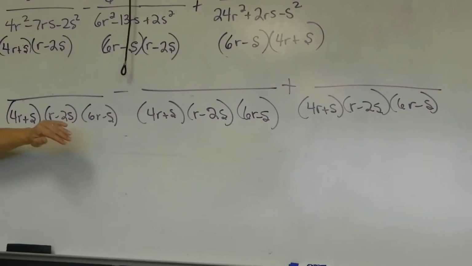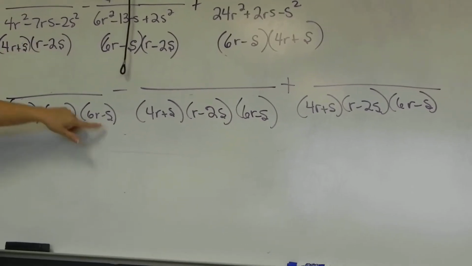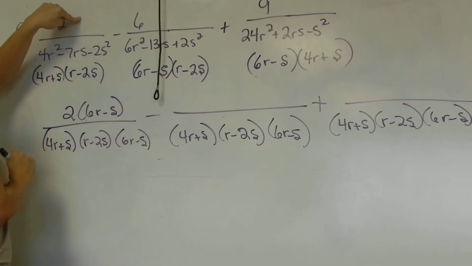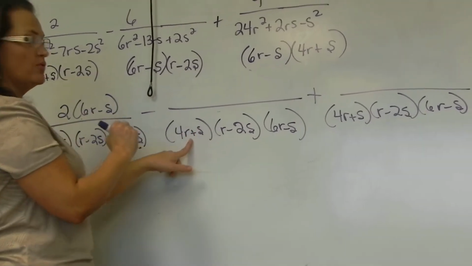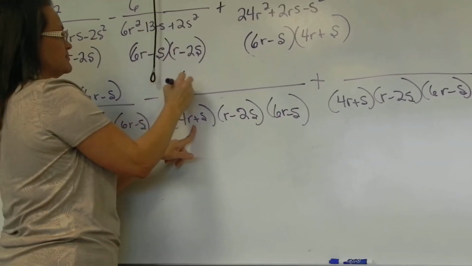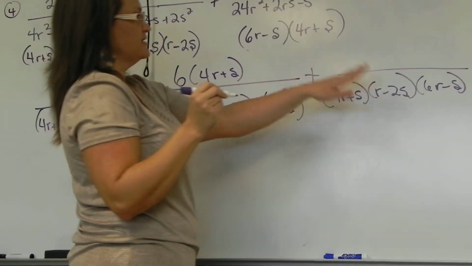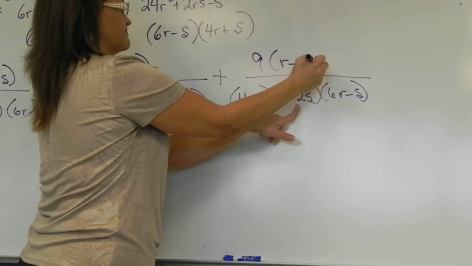You have to do the same thing to top and bottom. So the new part here is 6r minus s, so also times the top by 6r minus s. What's new here is 4r plus s, so also times the top by 4r plus s. And then lastly, the new part is this middle part, so times the top by that.